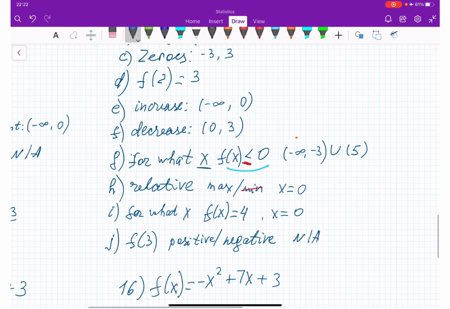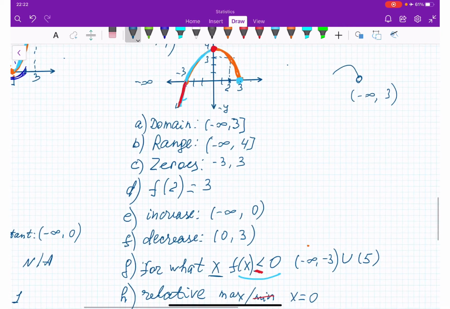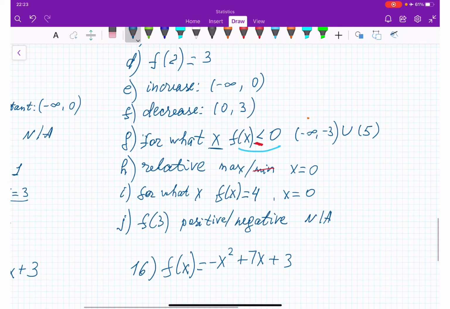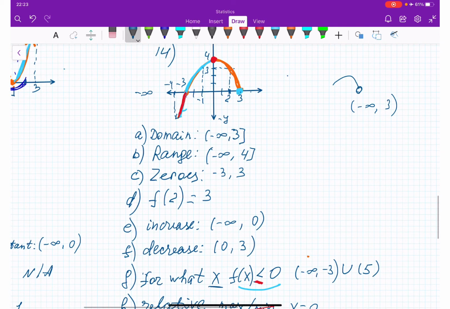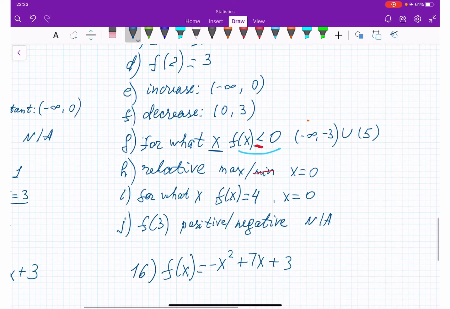But if it would ask, let's say, f of negative 1, which is here, then the y for negative 1 would be positive because it's going up. Yes? If it would ask f of negative 4, then it's going to be negative because y would be negative there. But for the point 3, it's neither positive nor negative, so it's not applicable.